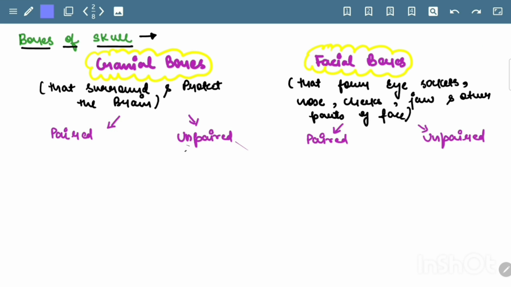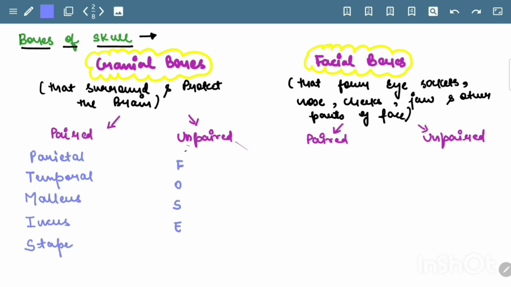Okay, they are again classified as paired and unpaired. So in cranial bones, paired have PTMIS. You can also use other mnemonics so that you can remember their names. So for paired, P stands for parietal, T is for temporal, M stands for malleus, I is for incus and S is stapes.